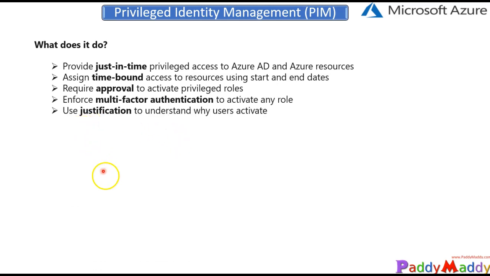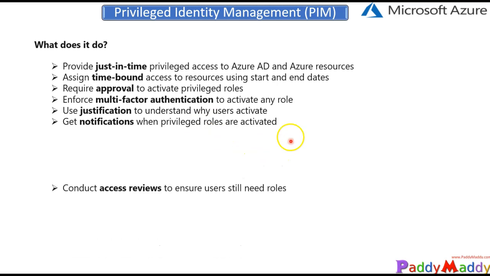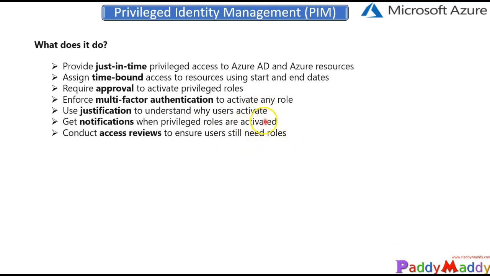Users always have to provide a justification for why they are activating, and that needs to be filled in. Other users also get a notification when privileged access roles are activated. Activate and activated are other terms which I'm going to talk about in a minute or so, but just to explain, you get notifications for the privileged roles when they are activated, and you can conduct access reviews to ensure the users still need the roles.